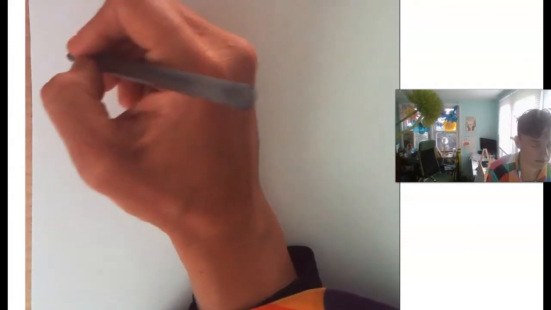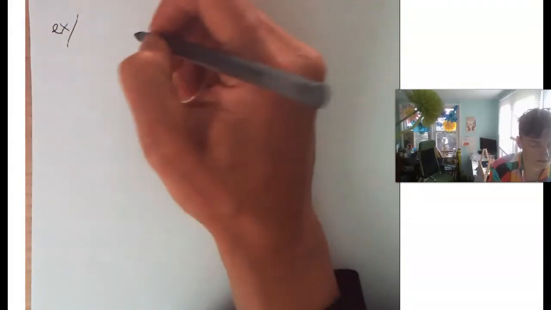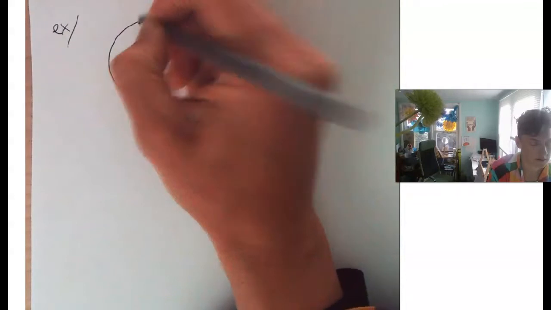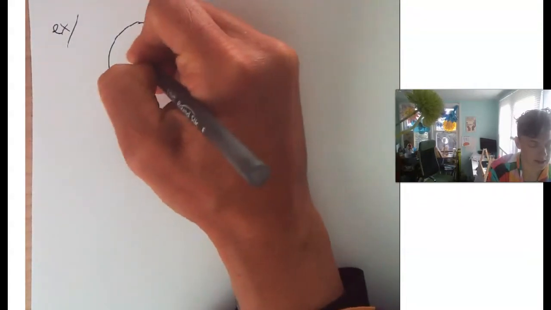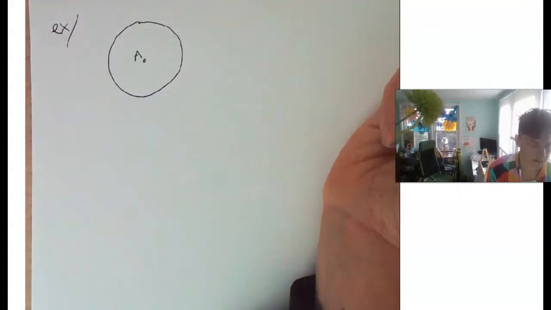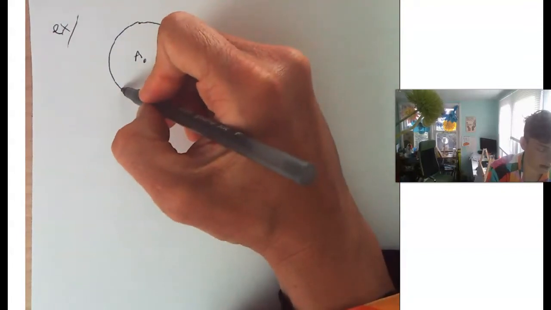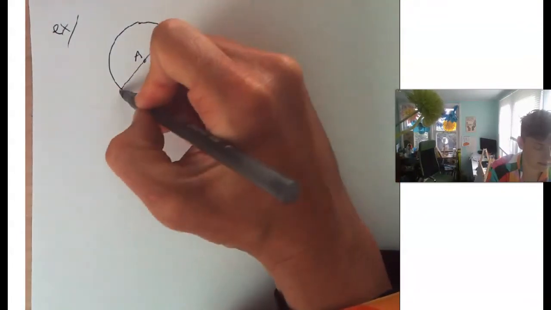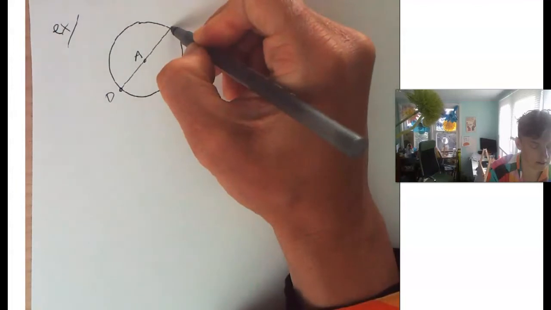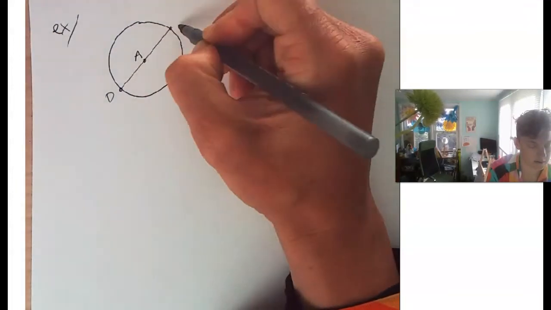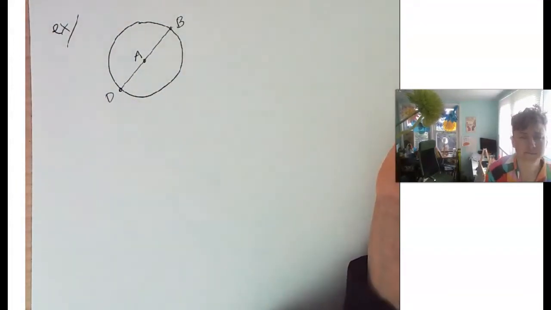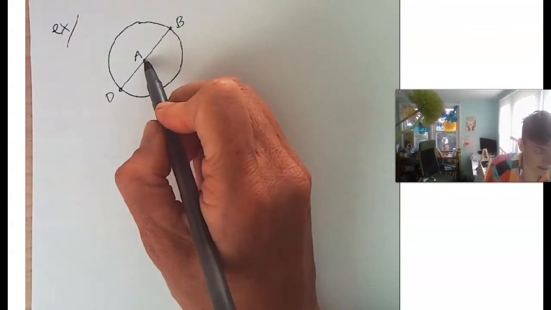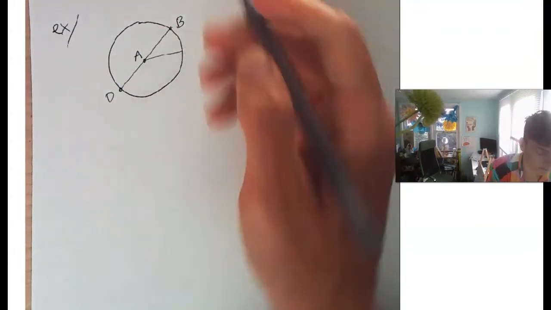Okay, so for your example, let's draw a circle. Let's name that circle A. Let's draw a diameter through A and call its endpoints D and B. And then let's make an angle off of A here.